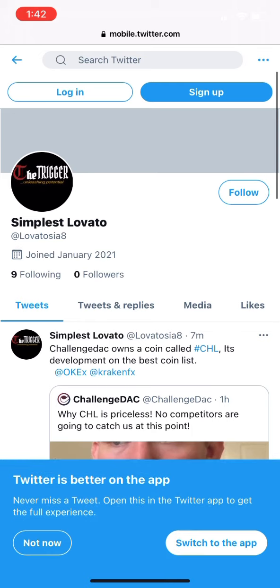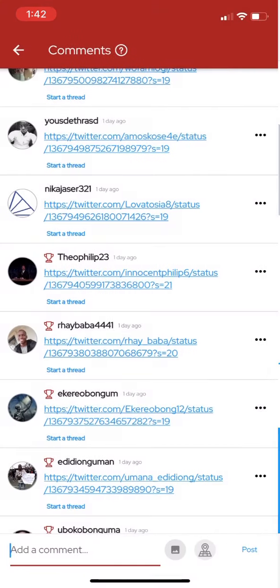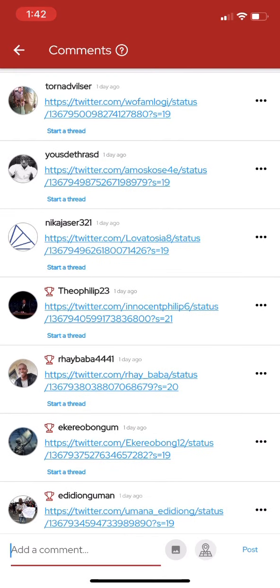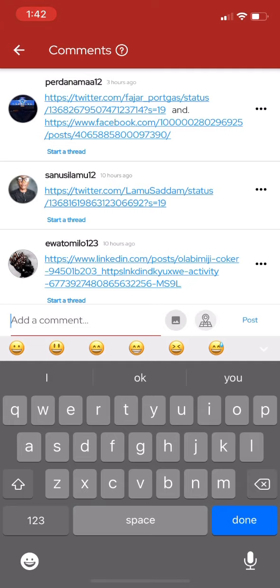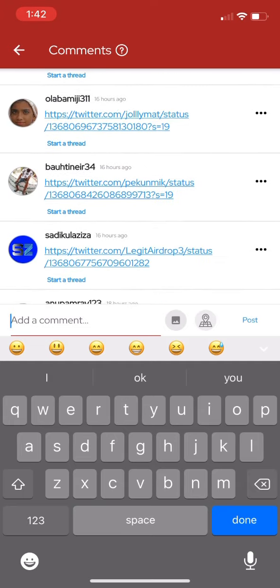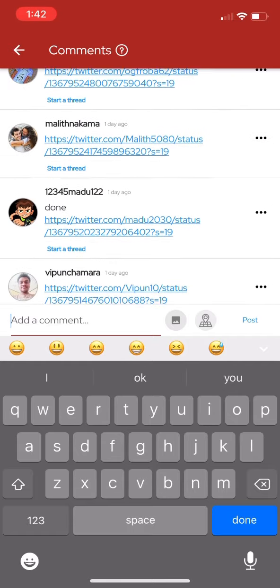So this looks like it checks out. We'll go ahead and reward this user here, and you can see right there, success. Now that user has a little bit of crypto that they can take out and use or do whatever they like with.